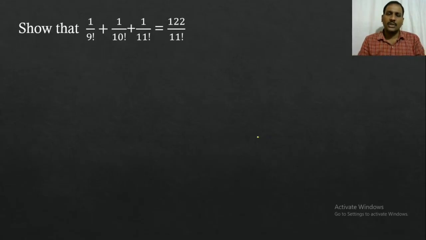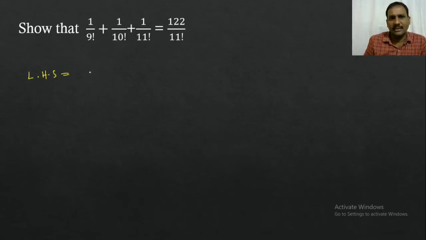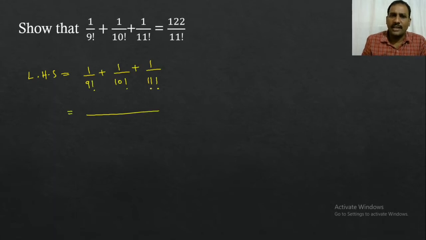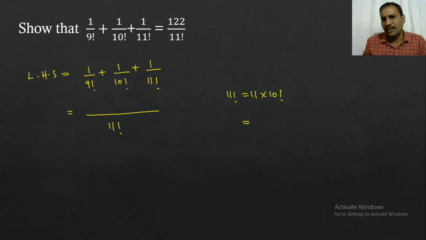Next, show that 1 by 9 factorial plus 1 by 10 factorial plus 1 by 11 factorial is equal to 122 by 11 factorial. Let us consider the LHS, that is 1 by 9 factorial plus 1 by 10 factorial plus 1 by 11 factorial. Here 11 factorial is the greatest number and the LCM is 11 factorial. 11 factorial we can write as 11 into 10 factorial or 11 into 10 into 9 factorial.